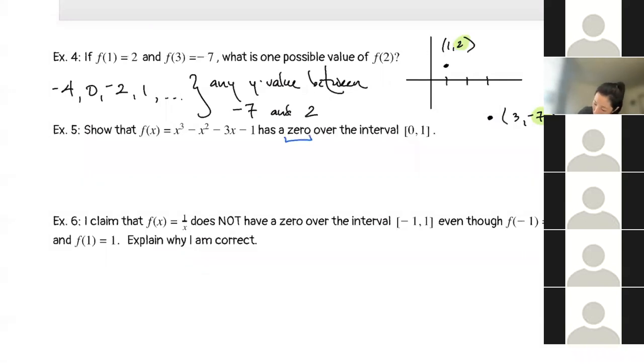A 0 is a fancy name for the x-intercept, and often we can find it from factors. It's not necessarily the factor itself, but we can use the factor to find the x-intercept.